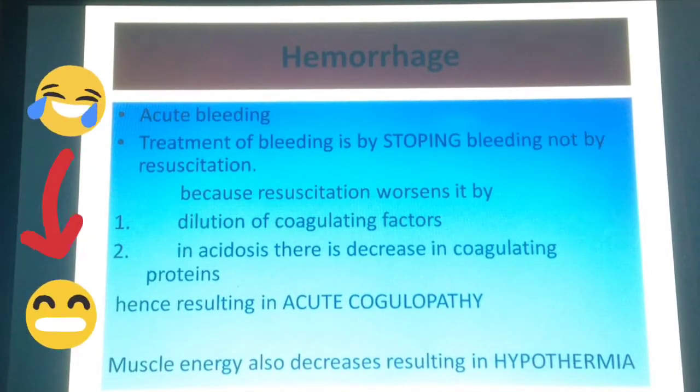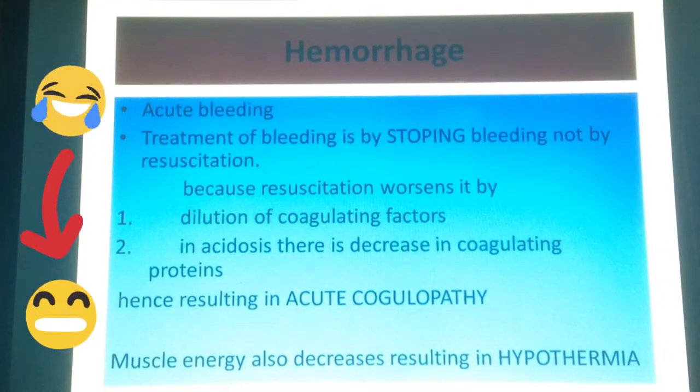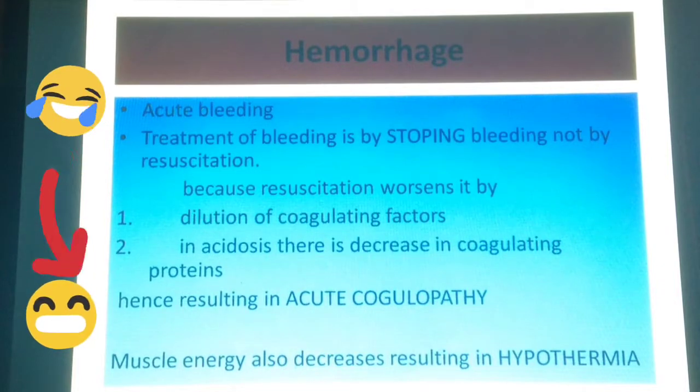Acidosis also affects the coagulating proteins, which further inhibits coagulation of those injured blood vessels, resulting in acute coagulopathy. In such a patient, muscle energy also decreases, resulting in hypothermia, as muscles warm up the body by generating energy.